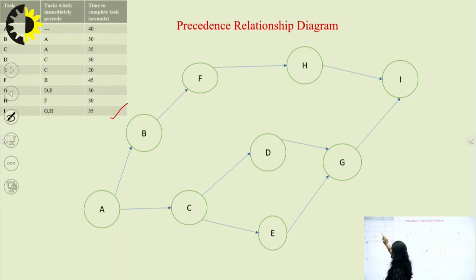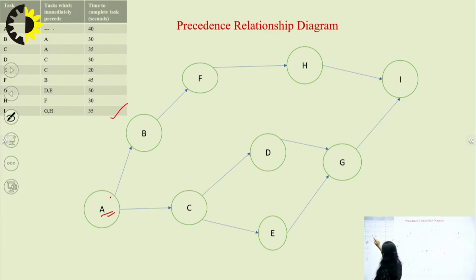First, we can see that no task is preceding A, so our precedence diagram starts from task A. Now, the predecessor of B is A. And for C, it is again A. So, two tasks are preceding A, task A. Then we can see here C is the predecessor of D, so D is coming out from C.